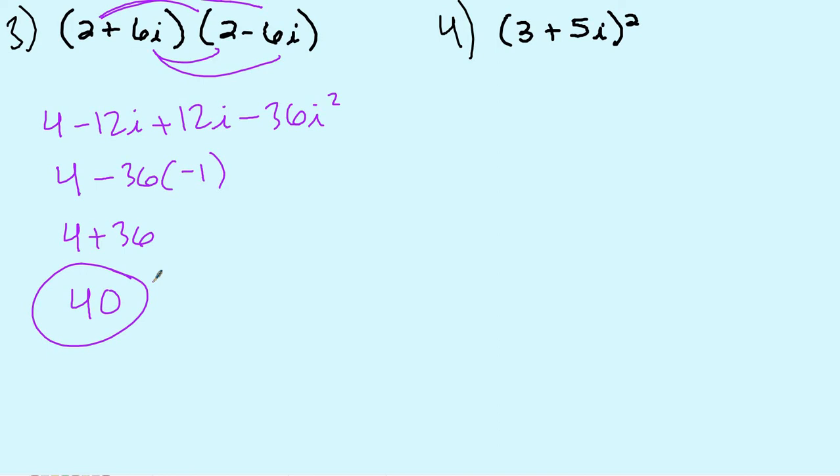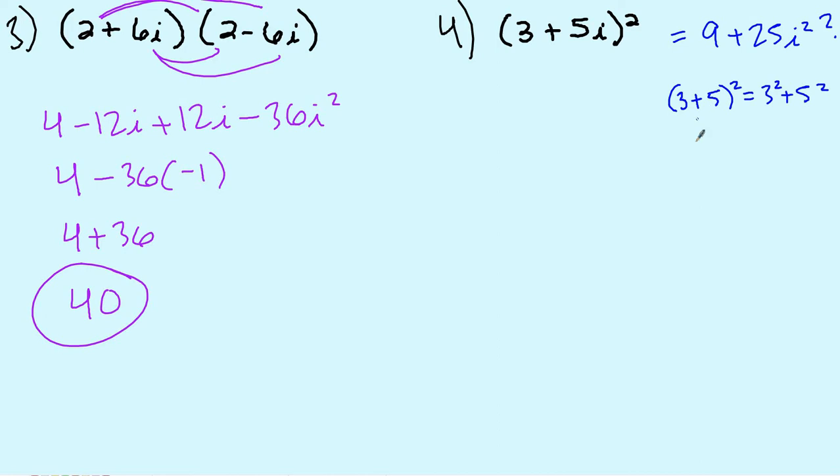Beautiful. Okay. Now, number 4, I can tell you right now, I get majority of people will get this wrong because for some reason they want to do things like this. Oh, that's 9 plus 25i squared. Is that really what that is? Are you sure? Because let's think about it. You're saying if we had just 3 plus 5 squared, that's the same thing as 3 squared plus 5 squared?